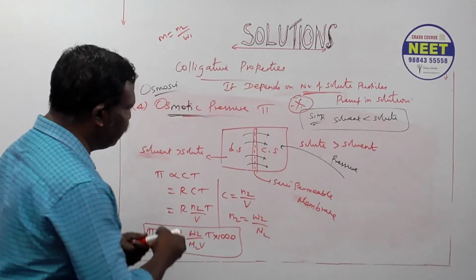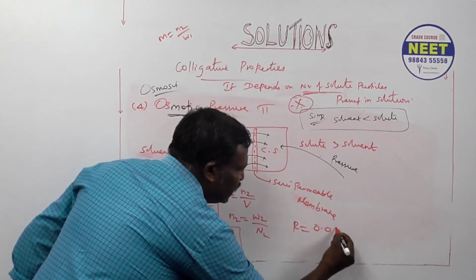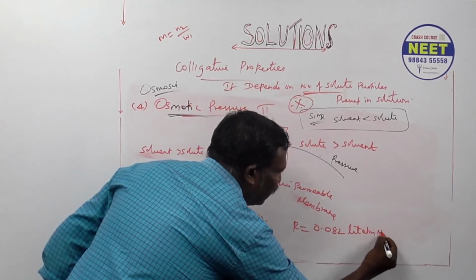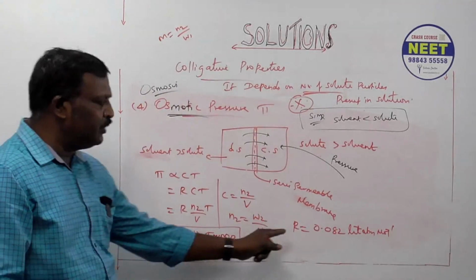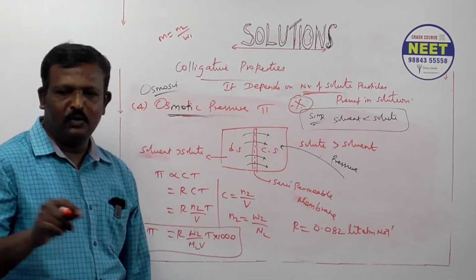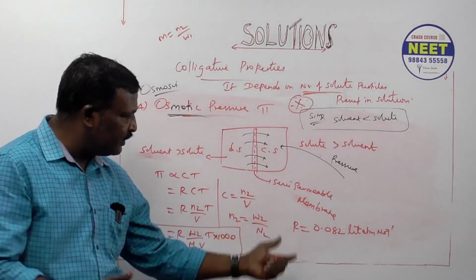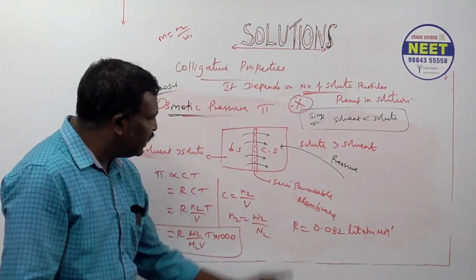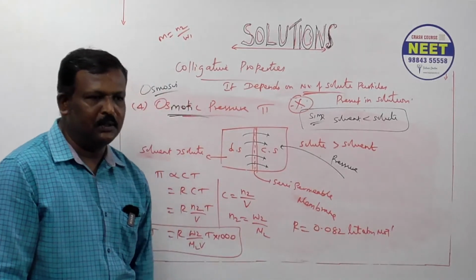But here we are using only the liter atmosphere one, 0.082 liter atmosphere per mole per Kelvin. R is equal to 8.314 joule per mole per Kelvin, you studied. Do you remember? There are three values of R. Here the pressure term is osmotic pressure in atmosphere, so we should use the liter atmosphere value.